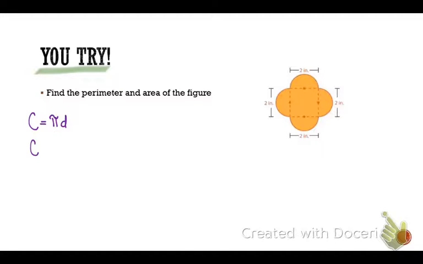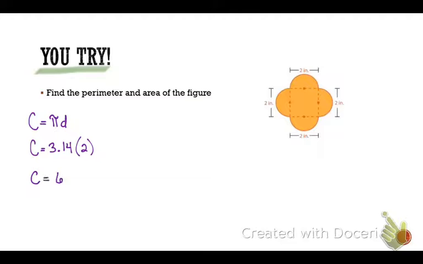I used pi d because 2 inches is the diameter of the semicircle. And I can also see they're all the same. So that's important too. I don't have to do this 4 times. So C equals pi d, 3.14 times 2. Does everybody understand where I got the 2 from? That's the diameter.